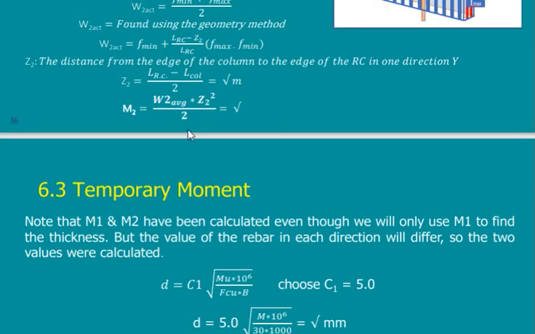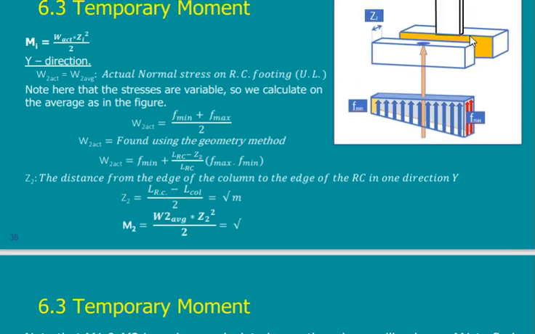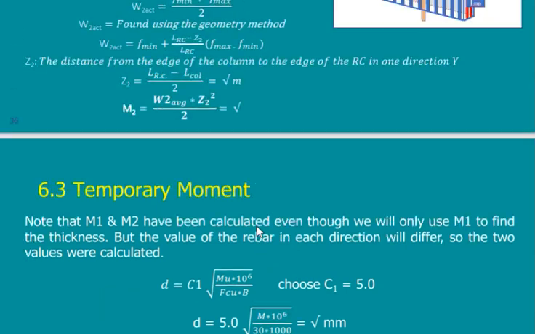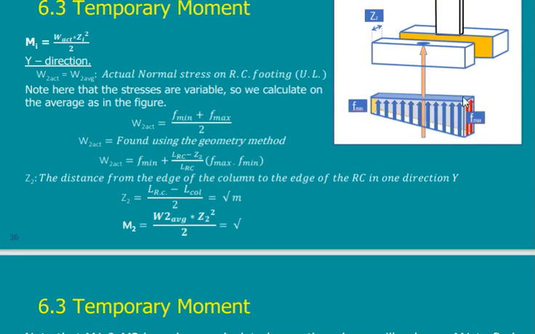Based on M1 and M2, you are of course going to use M1 because it is the bigger one, or it may be the other. It depends on the shape of the problem, but usually it is M1 that is bigger. I take M1 and use it in this equation to get the D, and then add 7 centimeters to get the required amount of reinforcement per meter, because we are studying if this distance is 4 meters.